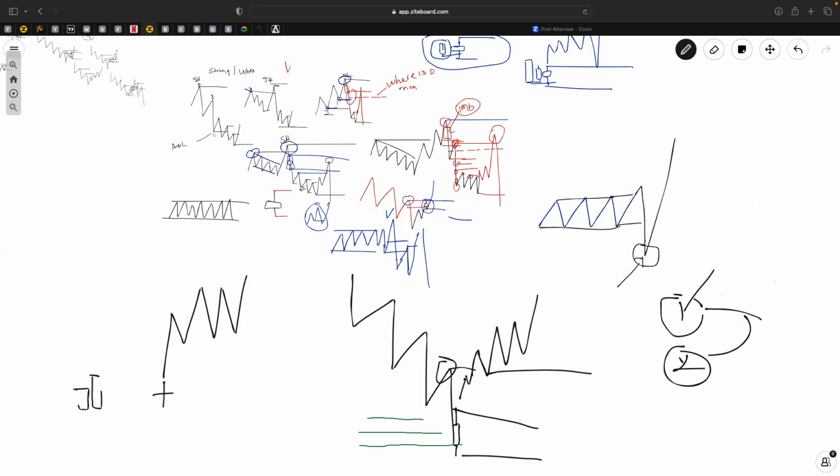So if I have a tiny base here that is unmitigated, let's say the base is right here, and you have your indecision candle right here, market is most likely to get to this base and buy compared to getting to this indecision candle and buy.